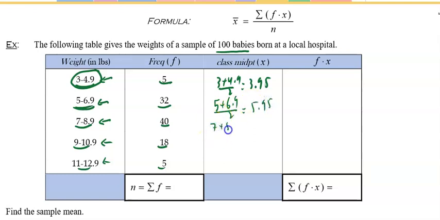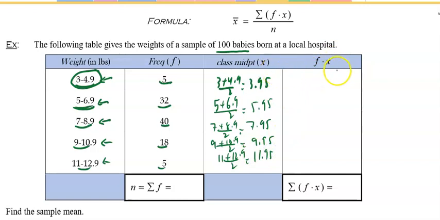And 7 plus 8.9 divided by 2, this is going to be 7.95. And 9 plus 10.9 divided by 2, 9.95. And 11 plus 12.9 divided by 2, this is going to be 11.95.